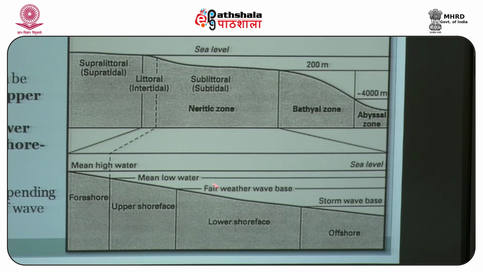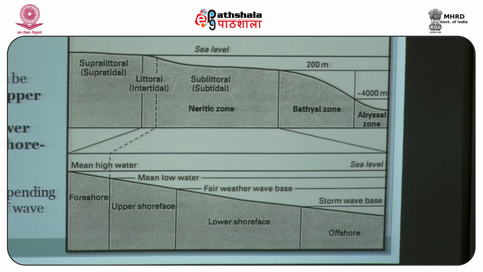So, it varies for fair weather and storm weather. Now, the upper shore face is characterized as the area between the mean low water and the fair weather wave base. The lower shore face is between the fair weather and storm weather wave base, and offshore is the area below the wave base up to the shelf break.